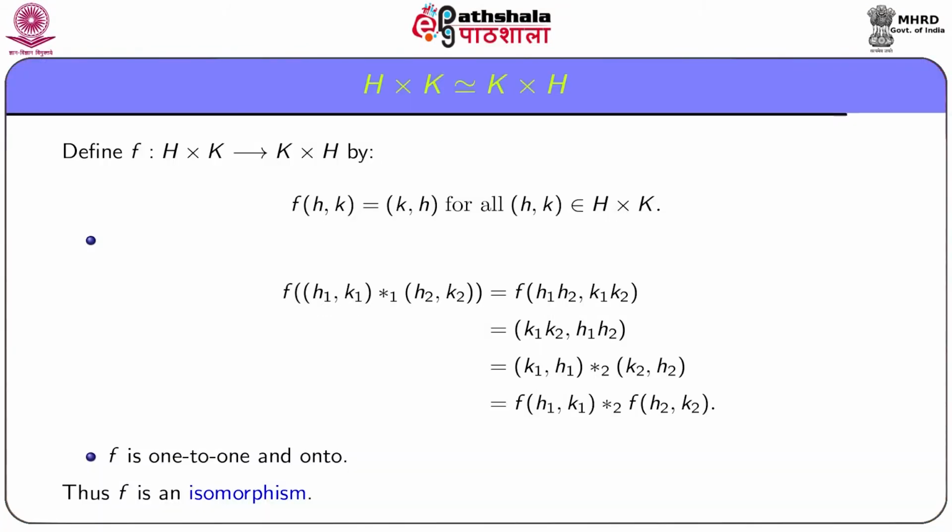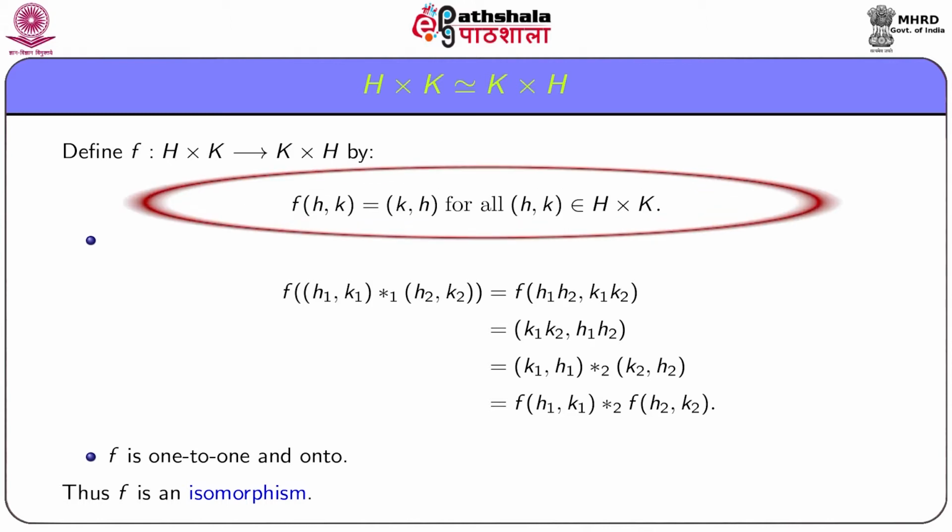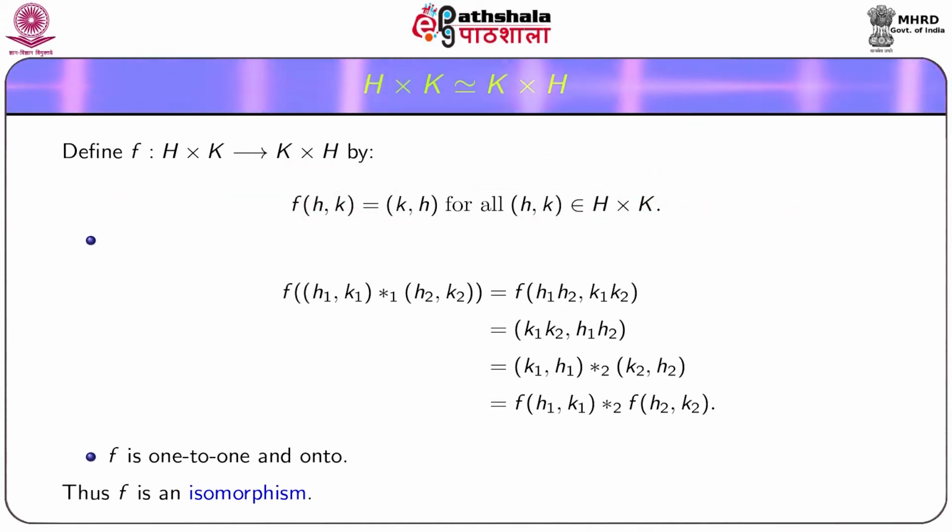First, we prove that H cross K is isomorphic to K cross H. For this, define f from H cross K into K cross H by f(h, k) = (k, h) for all (h, k) in H cross K. Then, from the definition, it follows that f is 1 to 1 and onto.